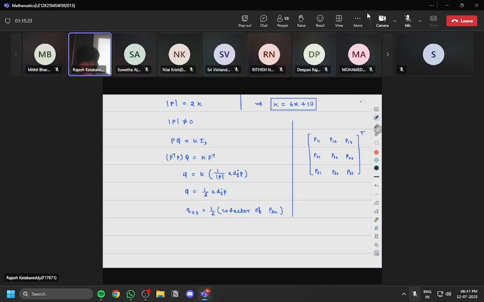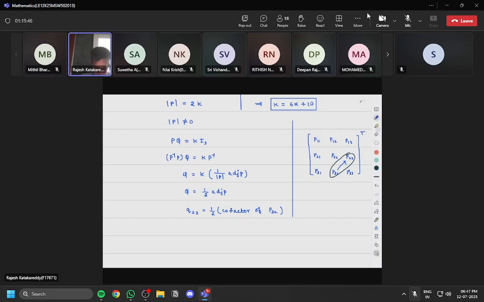If you see carefully, these two elements must be interchanged. Correct? Now, what they have given in the problem is Q23. This element went there, right? That's why I have taken the cofactor of P32. Need more explanation, anybody? Understood?